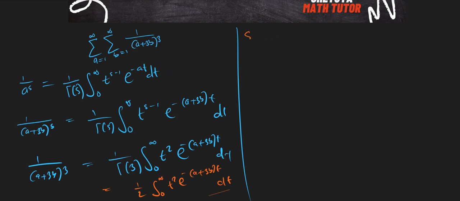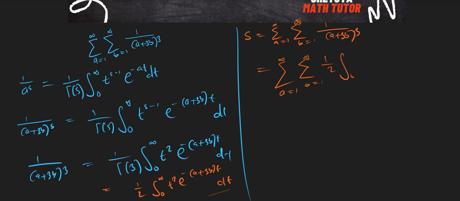In this case, our sum S, which is the double sum as a runs from 1 to infinity and b runs from 1 to infinity of 1 over (a plus 3b) to the third power, equals the double sum of half of the integral from 0 to infinity of t squared e to the negative (a plus 3b) t dt.